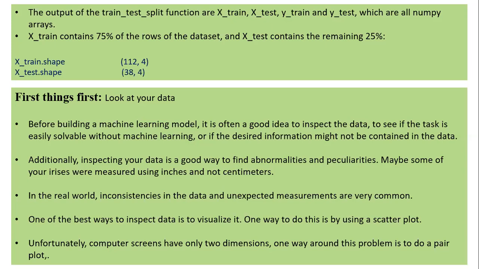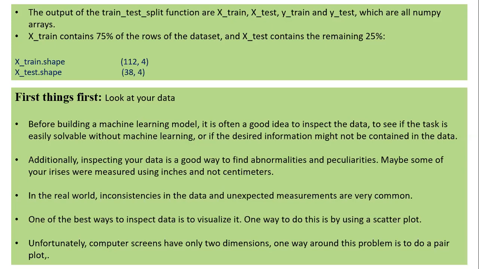Additionally, inspecting your data is a good way to find abnormalities and peculiarities. Maybe some of your measurements were in inches and not centimeters. So you must examine your data set and see whether it is all on one scale, or if it is not, bring it to one scale.